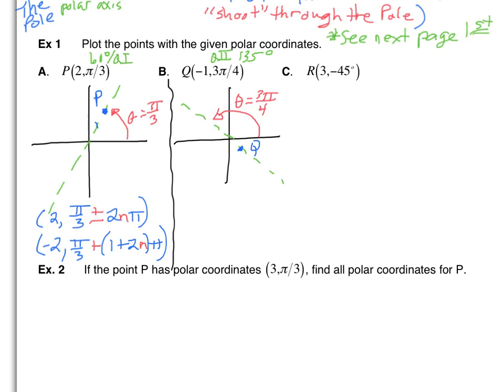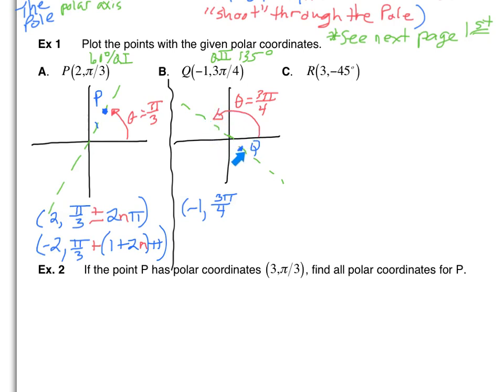Let's name all the possibilities for Q. The easiest is always the first one. You start exactly as your ordered pair looked. So even though my r was negative, we still stick with a negative 1. And then our theta was 3 pi over 4. So we stick with our original theta. And then from here, so this is my theta of 3 pi over 4.